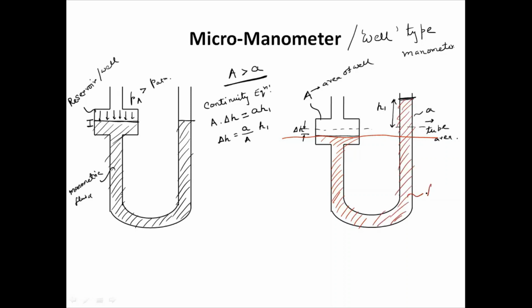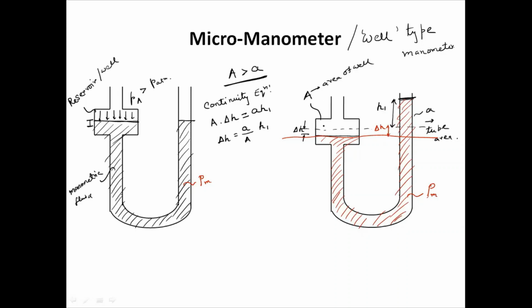If you take rho M as the manometric density of the liquid, previously also it is rho M. In such a condition, how much height is getting up? H1 plus delta H.